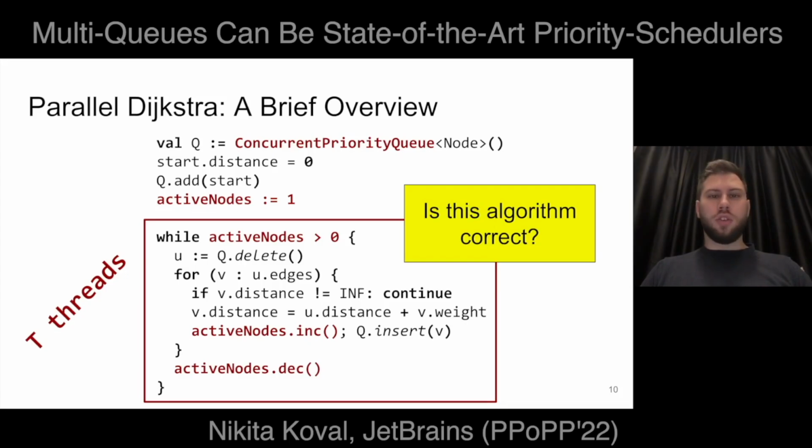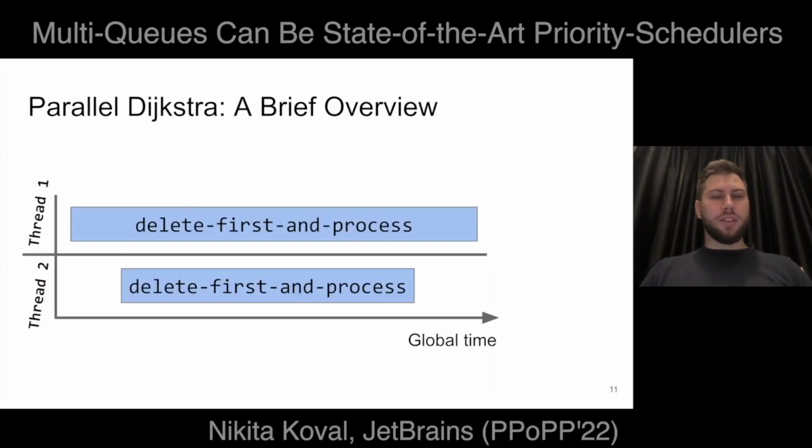Let's take a look. Here we have two threads, and each of the threads is performing an iteration during which it extracts the node with the lowest distance and relaxes all the outgoing edges. And the following interleaving is possible.